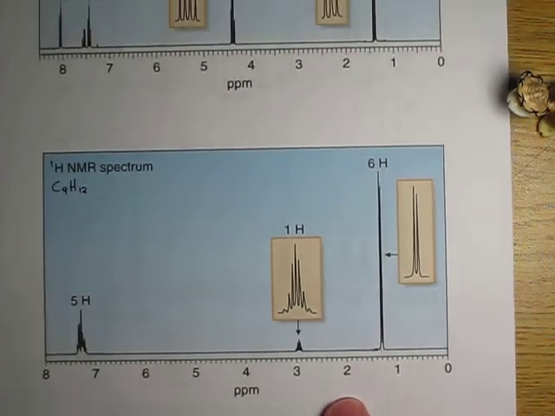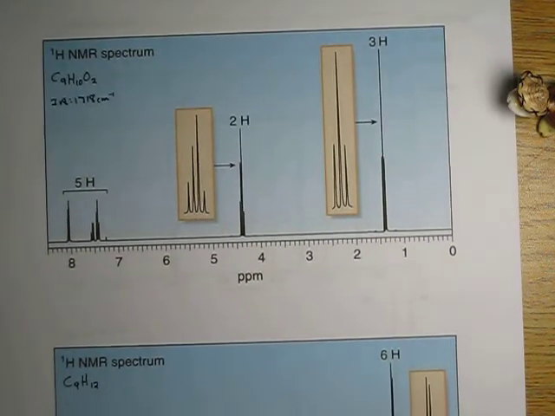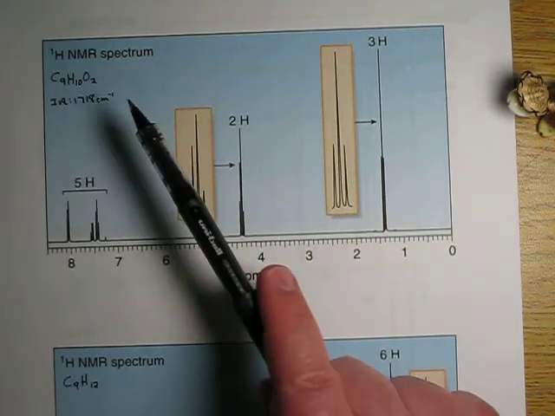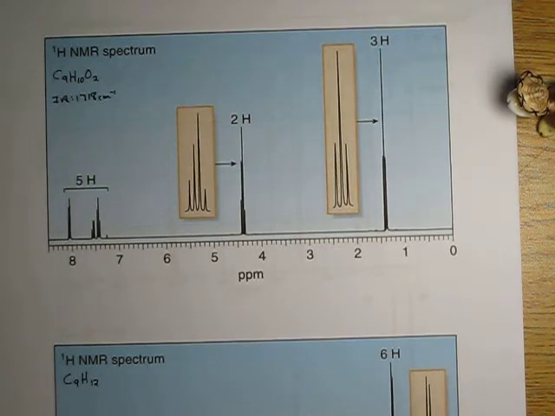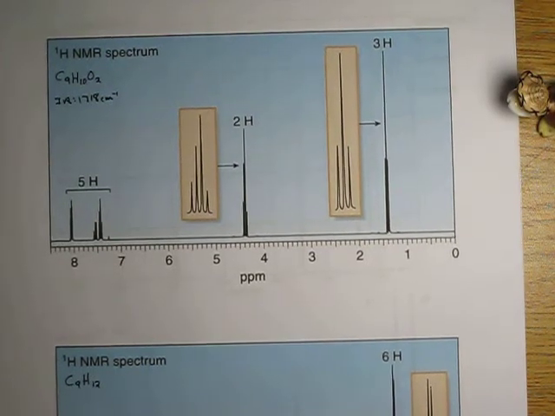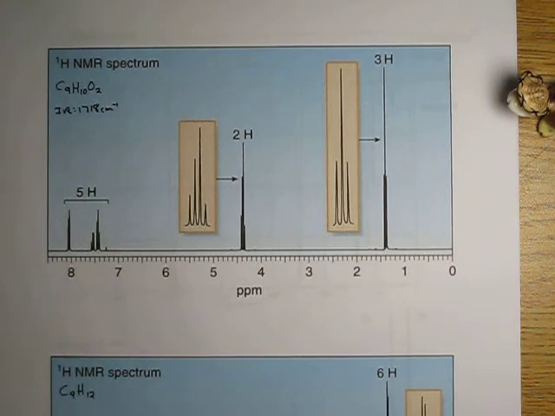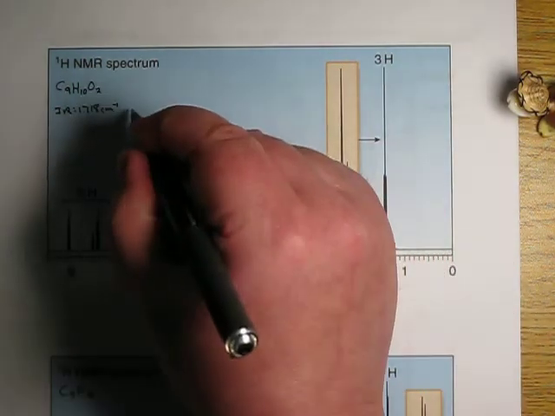All right, let's look at this one. Note we've got a little IR data here. Not only do we have the molecule, but the IR tells us 1718 wave numbers. That's nice. Well, what does that mean? If the IR says we've got a nice peak at 1718, that's telling us carbonyl.